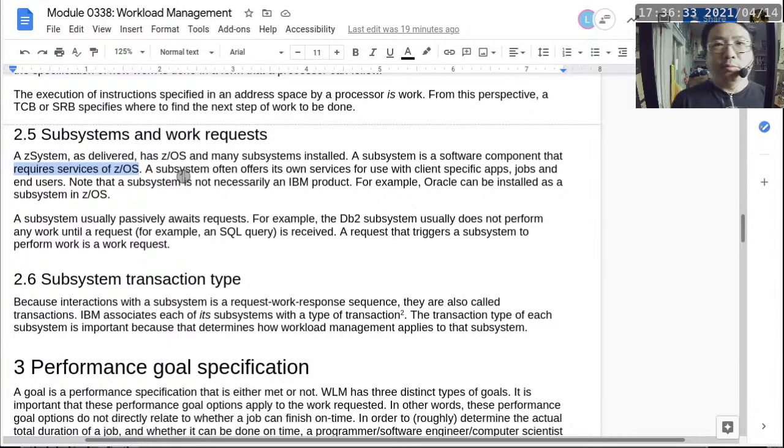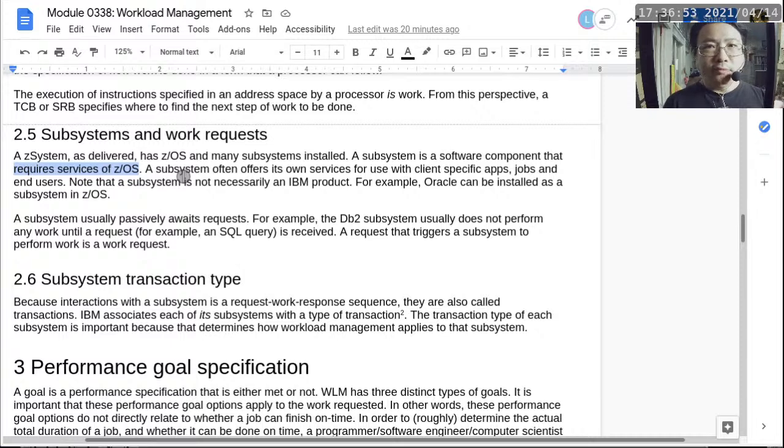In other words, I can tell you what is not a subsystem. A type 1 hypervisor is definitely not a subsystem, because a type 1 hypervisor runs on the bare metal hardware, so it doesn't even need the operating system. That's why it's a type 1 and not a type 2.